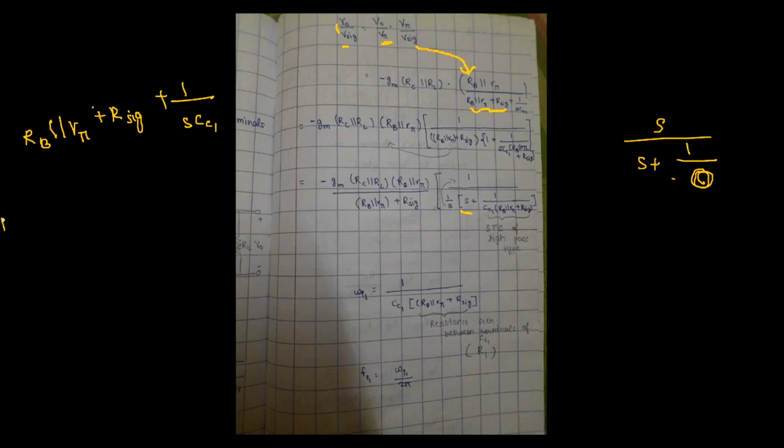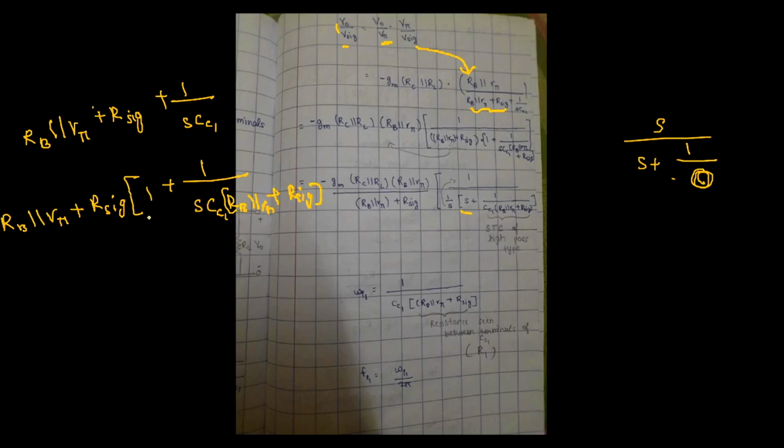Out of this we take RB parallel to R pi plus R signal common, and I'm left with 1 plus 1 divided by S CC1 into RB parallel to R pi plus R signal. Right?